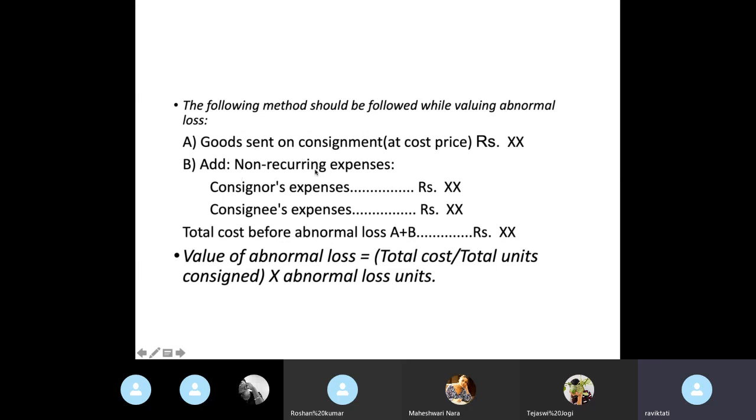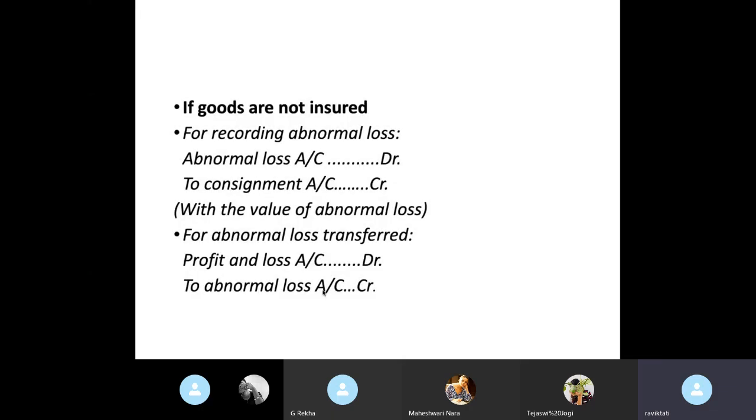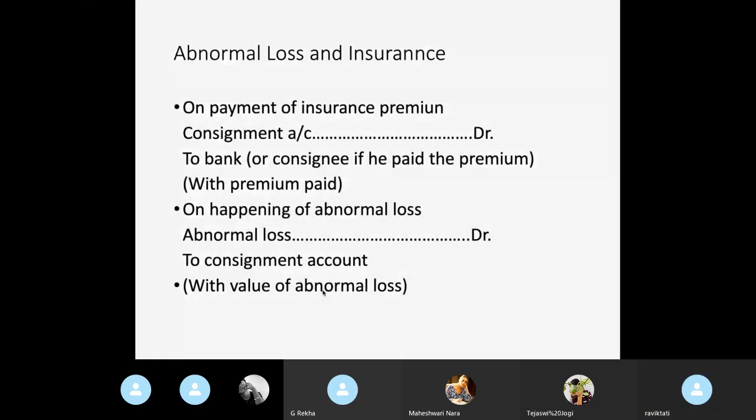And the total cost before the abnormal loss is this. If this is A and these two put together are B, the value of the abnormal loss calculation is total cost divided by total units consigned, into abnormal loss in units.